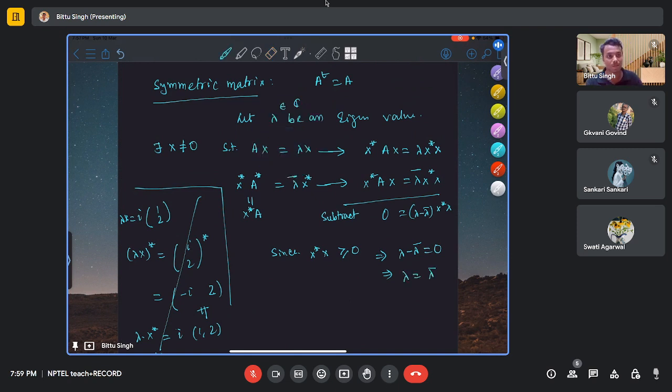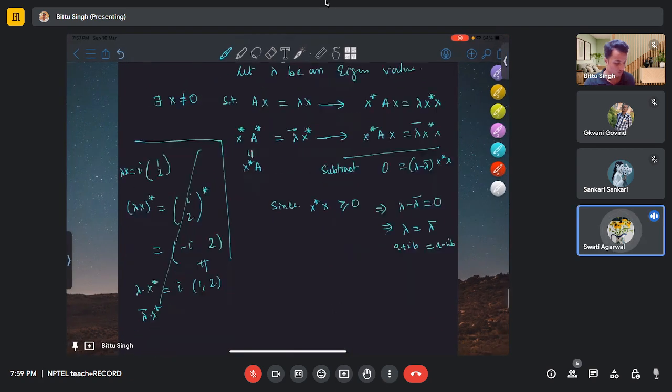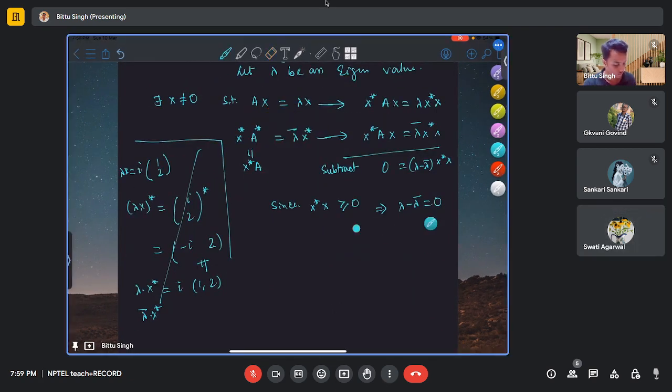So when a complex number is the same as its conjugate, that is a plus ib is the same as a minus ib, when will this hold? There is no imaginary part. This implies the imaginary part of lambda is actually 0, because lambda minus lambda bar by 2 is actually the imaginary part of lambda, right?